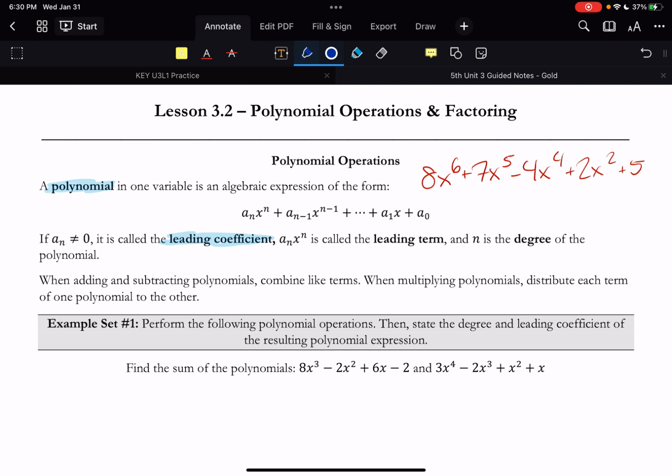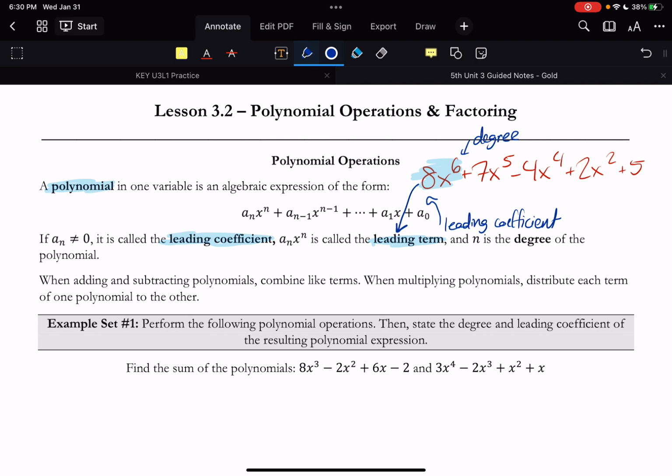So how this works, the 8 in this case is the example of what's called the leading coefficient. The 6 is the degree of the polynomial, and then the entire term, 8x to the 6th, is going to be my leading term. So just to kind of show that there, that would be my leading term.